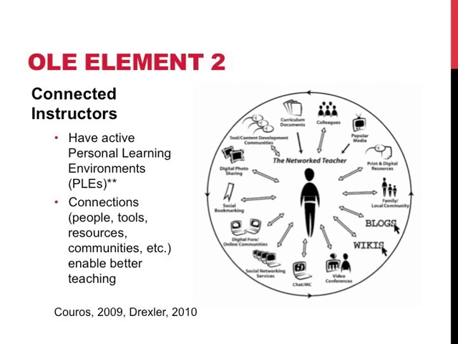I say, I'm really stumped on problem number 3, and I tweet to my personal learning network, my friends in the class, and they say, I saw this other thing that will probably help you. So two people have connected and come together.